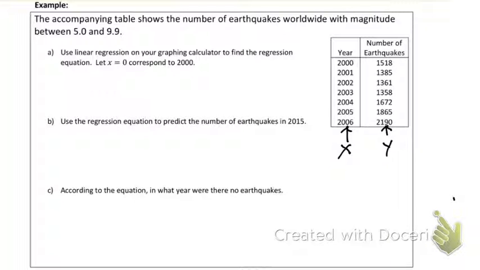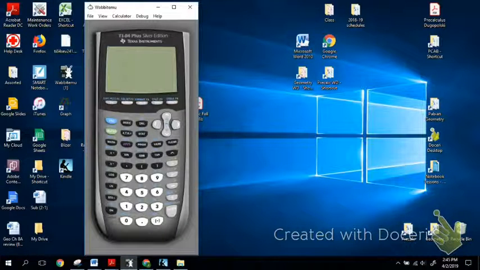If you look at that very top left thing, the most important button you're going to use on your calculator for statistics is your stat button. And your stat button is right here. Statistics, stat button.